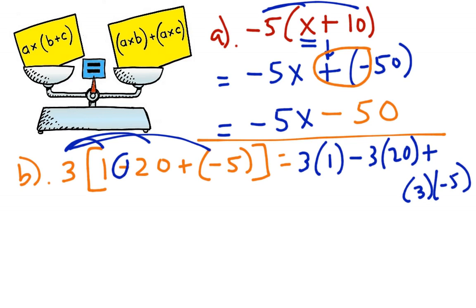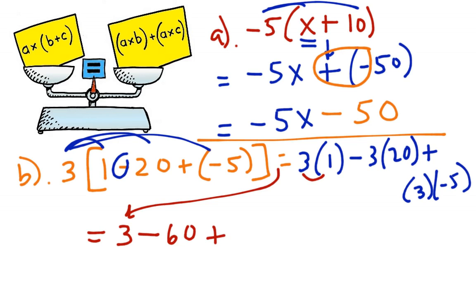I ran out of room. And then simplifying that, I'm going to scoot over and rewrite my equal sign so that I have room. 3 times 1 is 3. Minus 3 times 20 is 60. Plus 3 times negative 5 is negative 15. So now I'm going to simplify this.